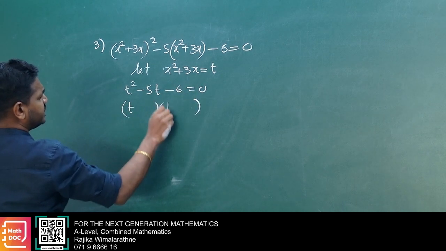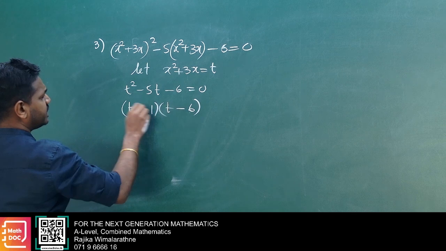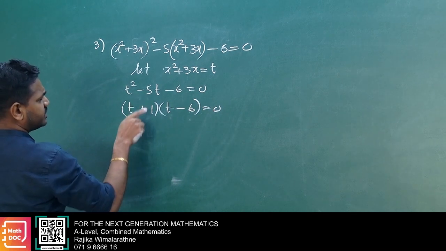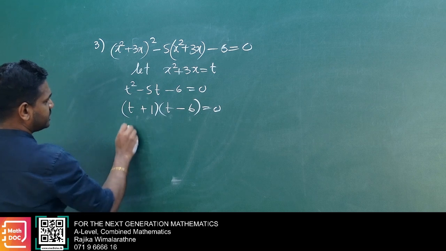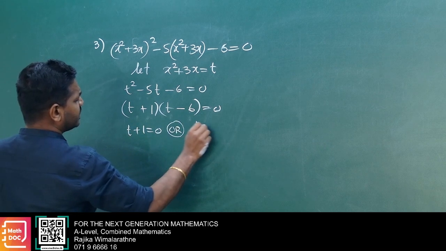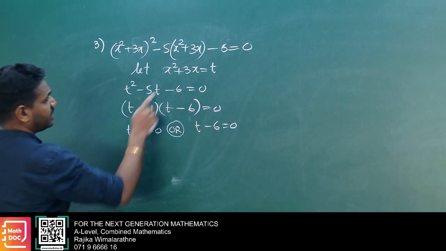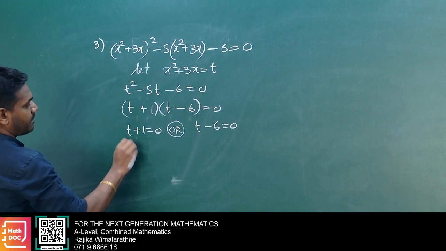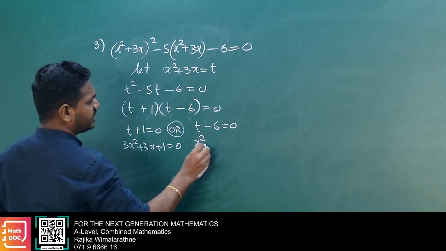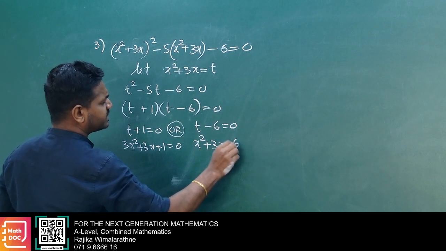Factorize: t squared minus 6t plus t minus 6, then t plus 1 equals 0 or t minus 6 equals 0. T means x squared plus 3x, so x squared plus 3x plus 1 equals 0, and x squared plus 3x minus 6 equals 0.